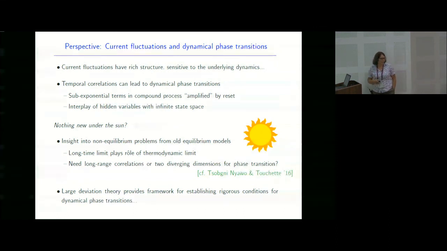And just as in equilibrium, the generally accepted folklore is that you need long-range correlations or two diverging dimensions to see a phase transition. Then you might expect something similar here, that you need long-range correlations in time or two diverging dimensions, where one of those is the time dimension, to see a phase transition. And that seems to fit with work from other models, for example, those with continuous state space.